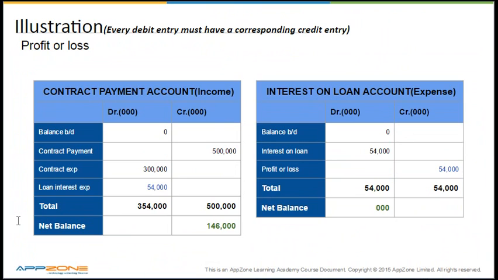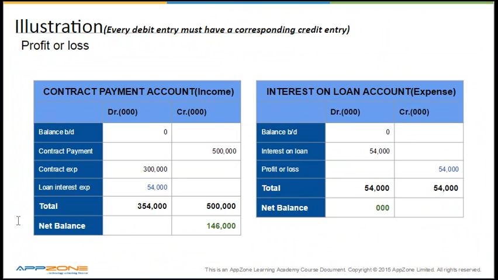The aim here is to determine whether or not we are profitable in our venture. So we'll be transferring this particular expense also to our income account to see how it plays out. Doing this, we'll be crediting our interest on loan account to the tune of 54 million, and we will be debiting our contract payment account to the tune of 54 million.